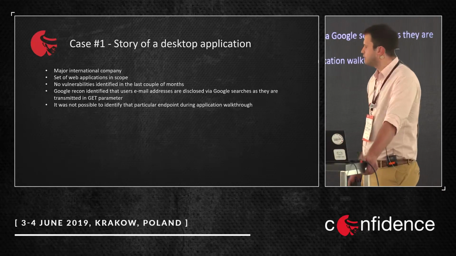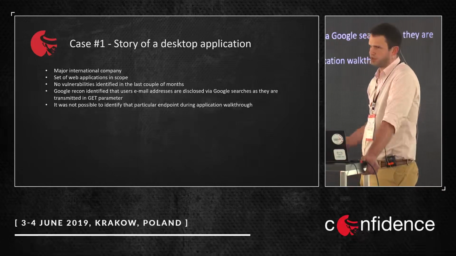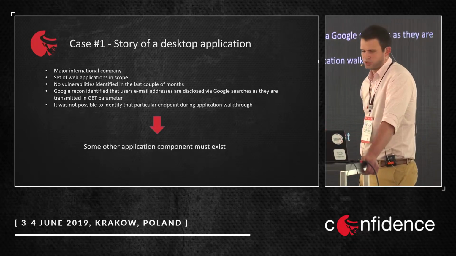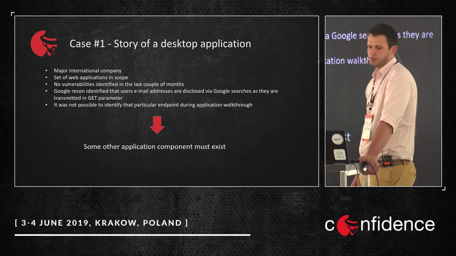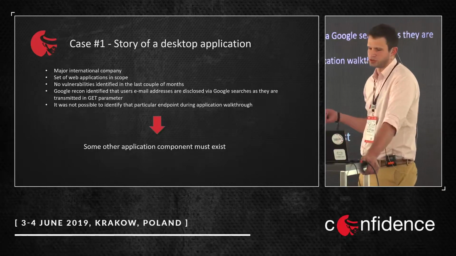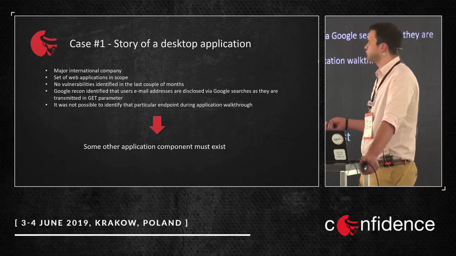But I wasn't able to find that function or form which actually generated this vulnerable URL. So I thought that maybe there is some other component or application which sends that kind of request to the web server, and so it has to be somewhere.